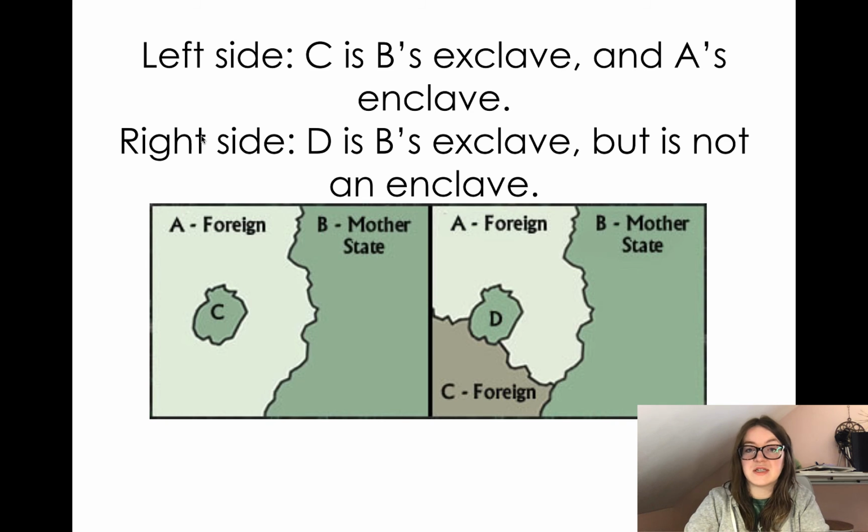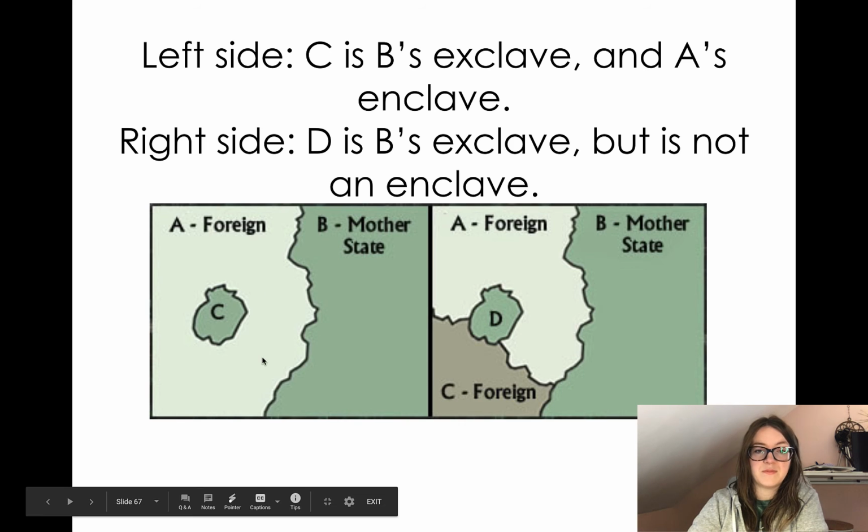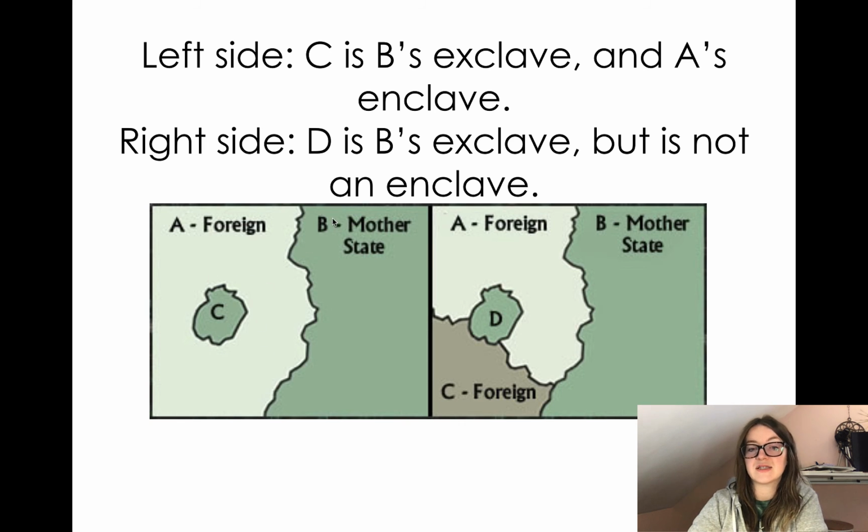Okay, so to clear this up a little bit. We have country A, this is our foreign country. We have country B, this is our mother country. And then we have part C. We'll ignore this one for now. But on this side, part C is an exclave of country B, but within country A, it's an enclave.